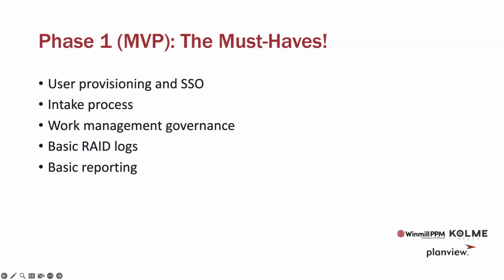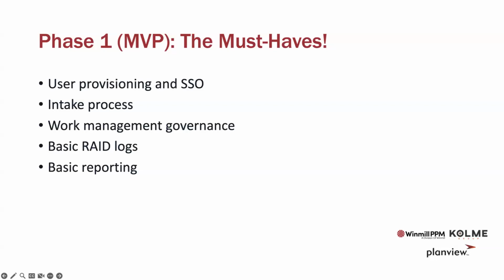Now, again, you could spend a lot of time and effort to configure workflow rules and very stringent governance around your risks, your action items, your issues, your decisions. But for phase one, there probably isn't enough return on the investment. And it could actually end up backfiring on you. You could get more resistance from the people who are trying to use these things because maybe you've put too much constraint in there.